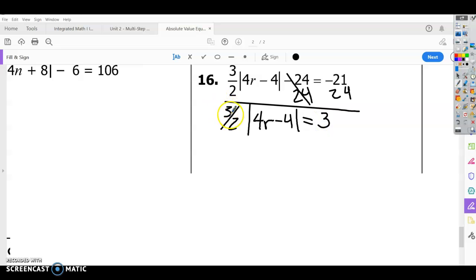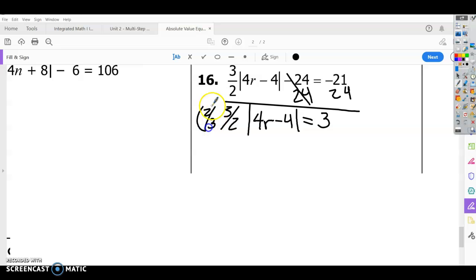Now I need to get rid of this 3 halves. To get rid of 3 halves, everybody's like, well, I'm multiplying that by this, so I need to divide. Well, hopefully at some point in time you learned that you can multiply by the reciprocal of a fraction, and that's the same as dividing a fraction by a fraction. Because dividing a fraction by a fraction just really doesn't make sense.